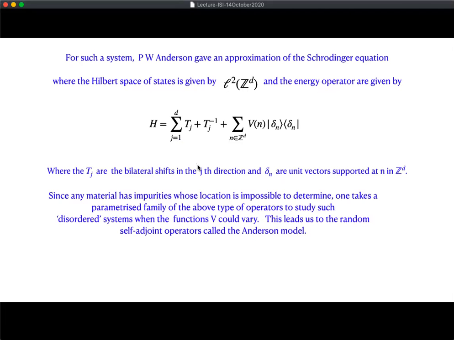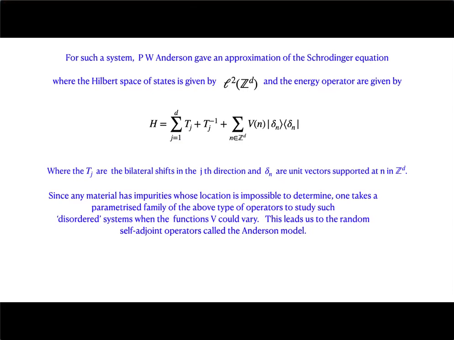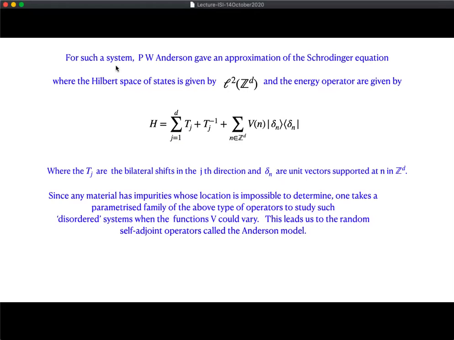Anyway, if you have an object like a slab of iron, with lots of electrons moving around, how do we describe it? For such a system, P.W. Anderson gave an approximation of the Schrodinger equation, where the Hilbert space of states is given by little l2 of Z^d.